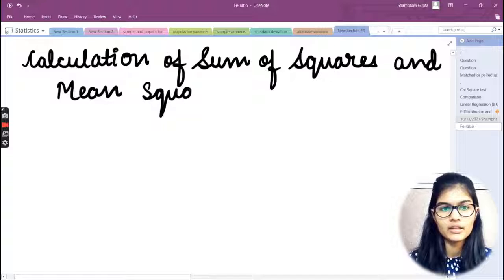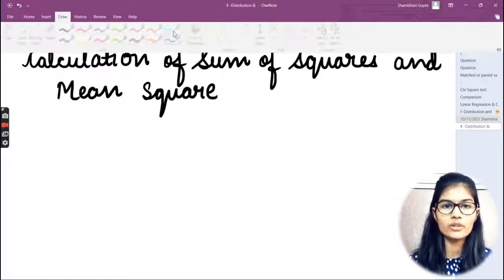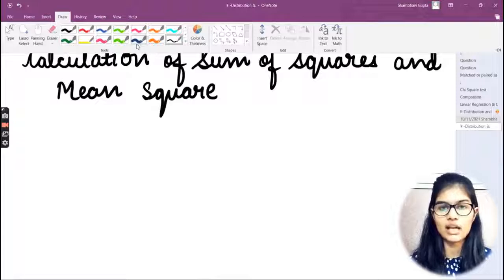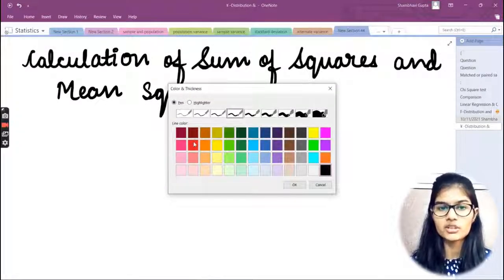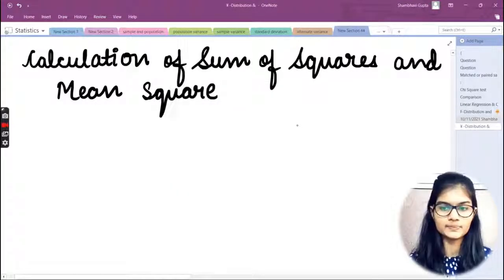We'll see how to do the calculation for the sum of squares and for the mean of squares, and what procedure we need to follow. I'll also denote some different terms so as to remember the notations and what they actually mean.